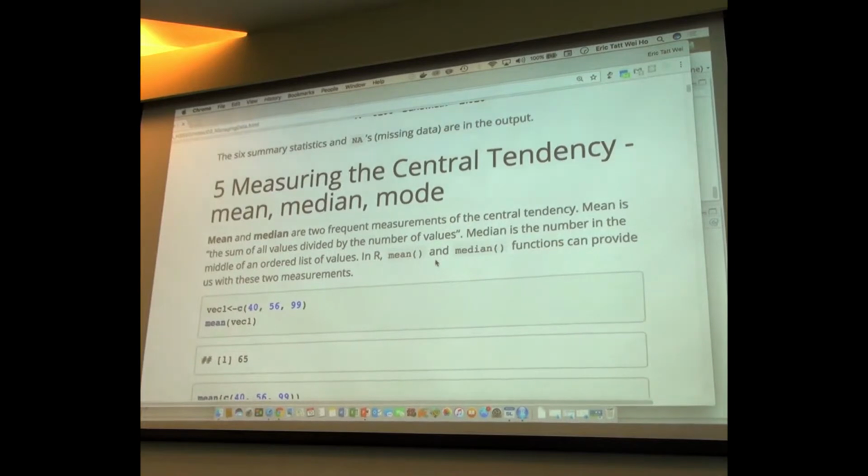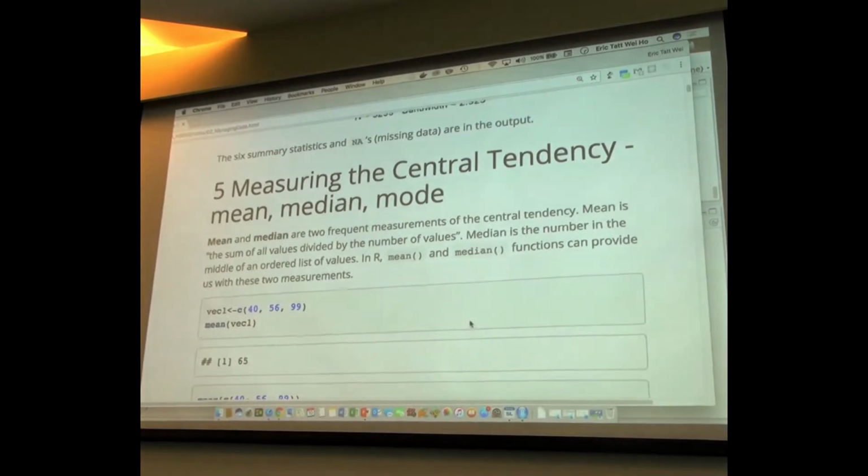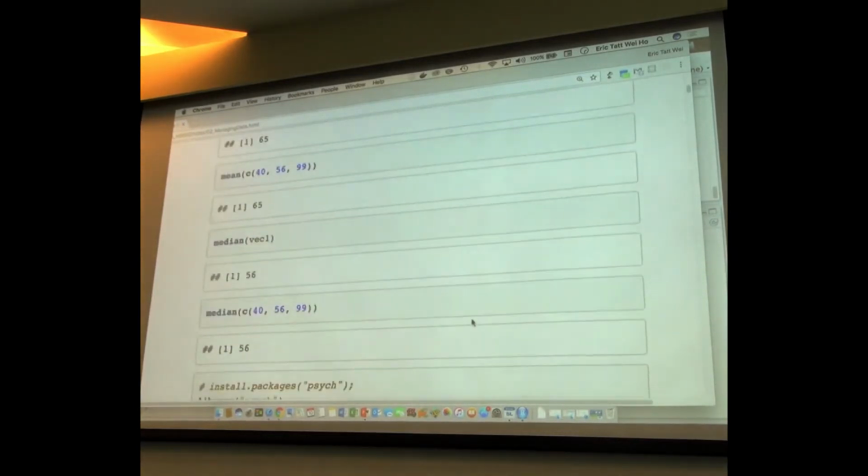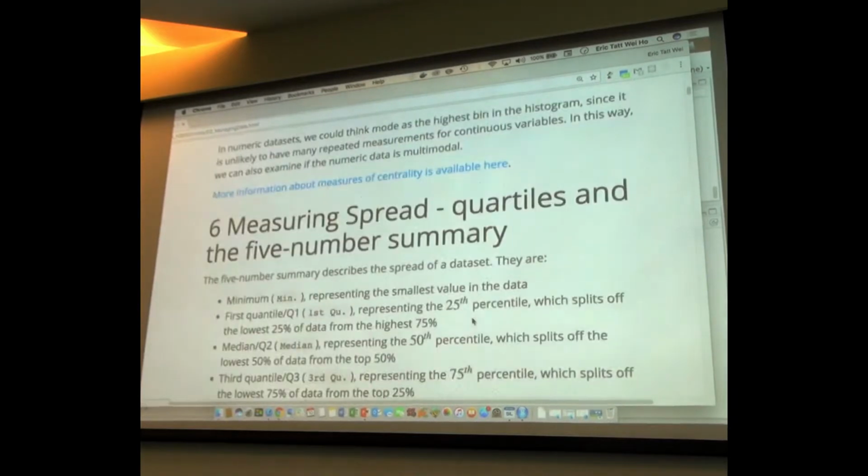So then you have to talk about the modes. And the modes are these humps where the action happens. That's what you're trying to determine, because the modes tell you where the process is concentrated. These are all coded in R very simply, and they can be done very efficiently.